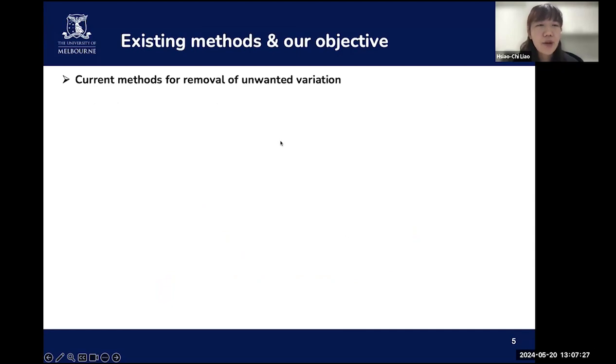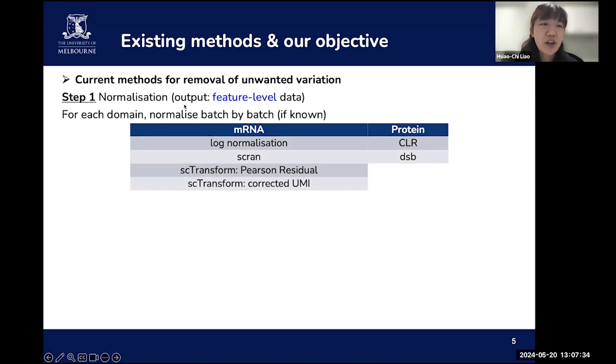There are some existing methods for removal of unwanted variation, and usually those methods start with data normalization. The normalization is done batch by batch for each domain separately.